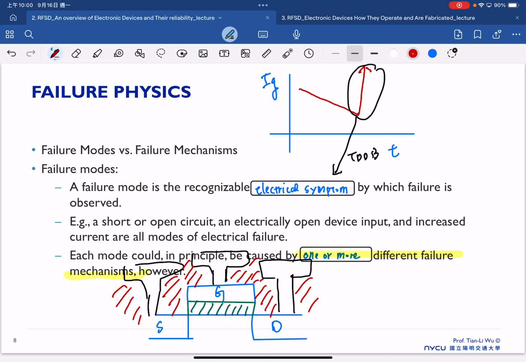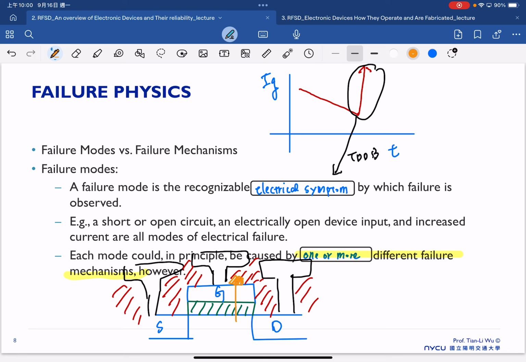If we consider TDDB here, there can be two possible mechanisms, but always showing the same electrical symptom. One, for sure, is that we might start to have dielectric breakdown.